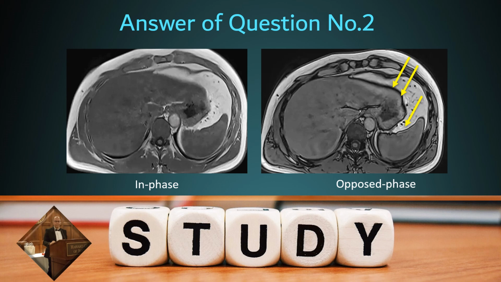This dark line appears only on the opposed phase image, but not in the in-phase image. These lines appear at the interface between tissues composed mainly of fat and those composed mainly of water. So, we can use this artifact as a useful point for identifying the out-of-phase images, and it also reveals the presence of fat within a mainly water-containing structure.